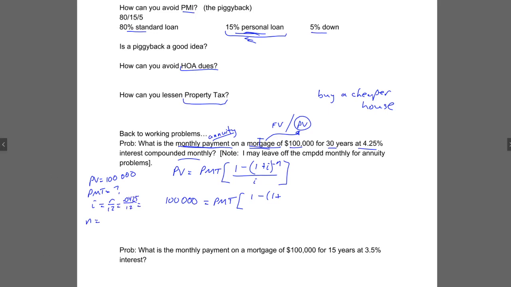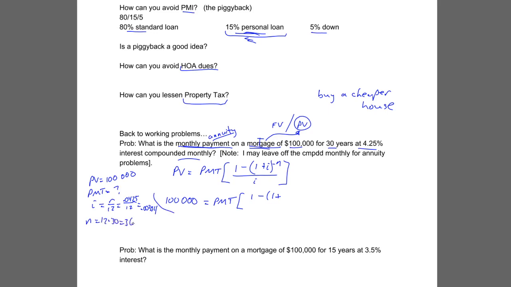Let's do that on the calculator. This is the same one as we had before, 0.00354. So I was making it easy on us. And then n is going to be 12 payments per year times 30 years.